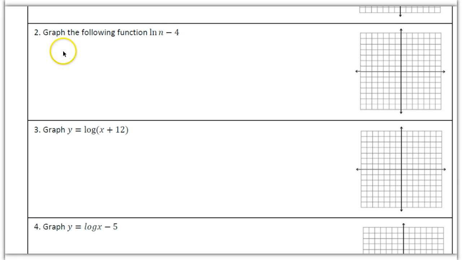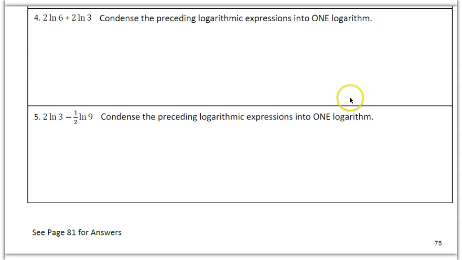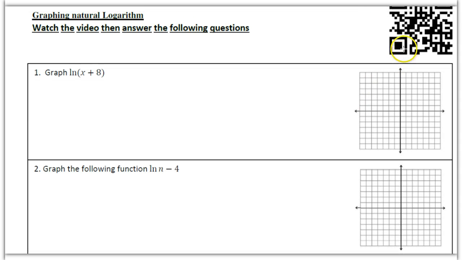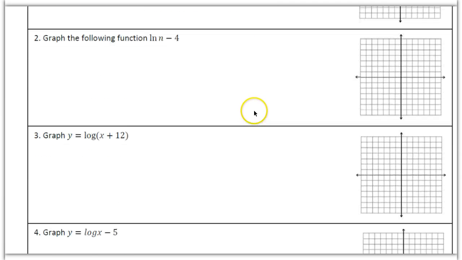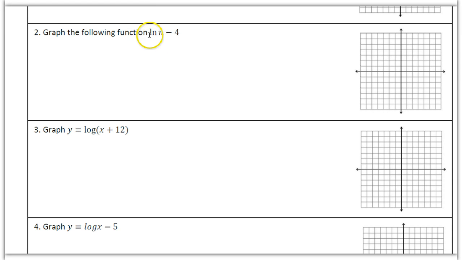Now for example 2, Danielle gave a good model of this. If you were to click on that scan box there. So natural log of n, we know what that looks like from the original.